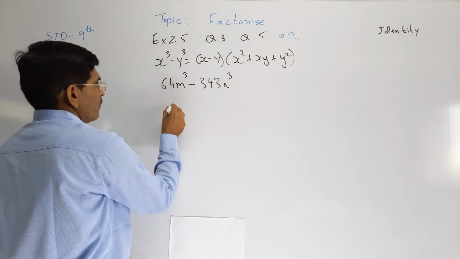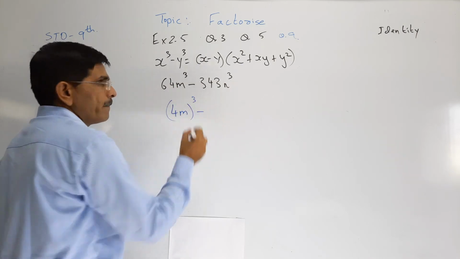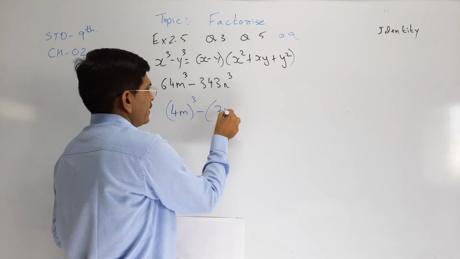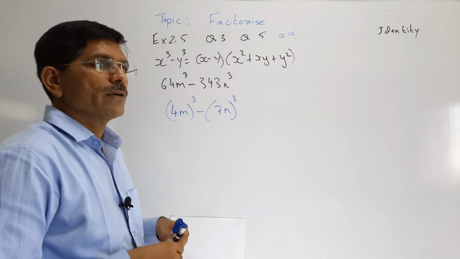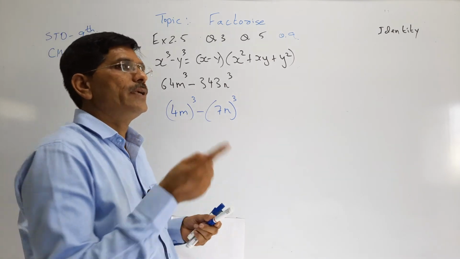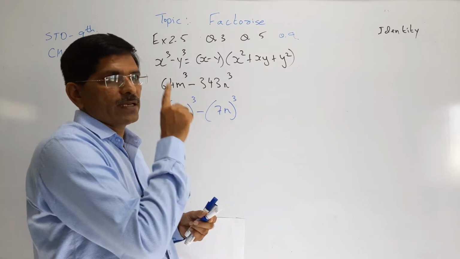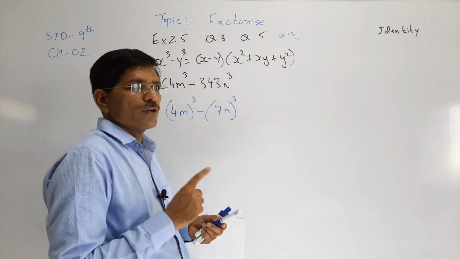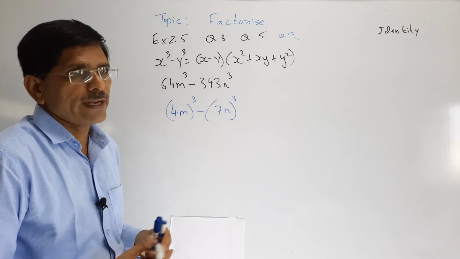So 4m cube minus 7n cube. 7 square is 49, 49 into 7: 9 sevens are 63, carry 6, 7 fours are 28 plus 6, 343. So 4m whole cube minus 7n whole cube.